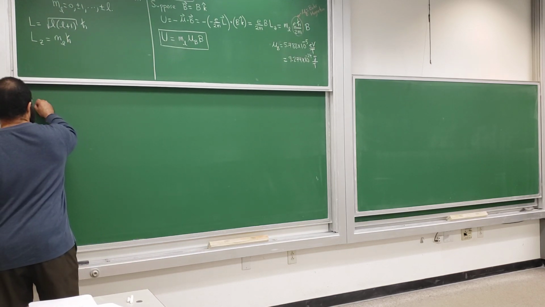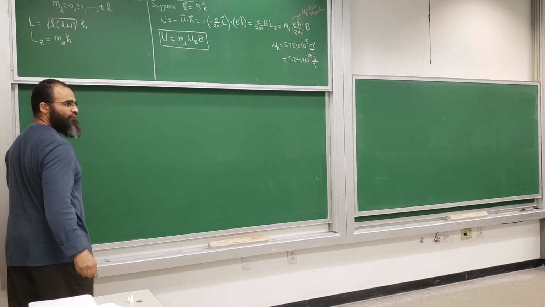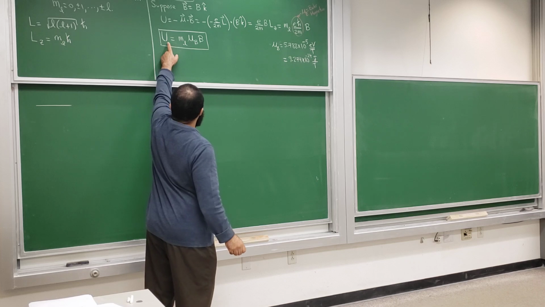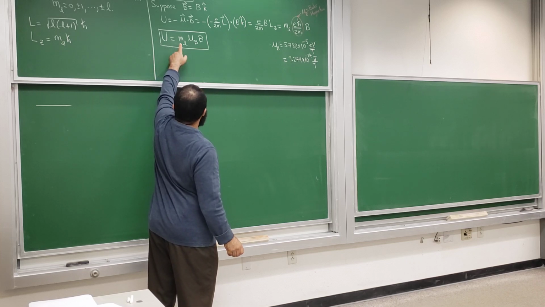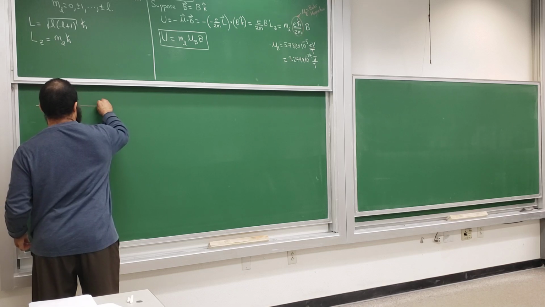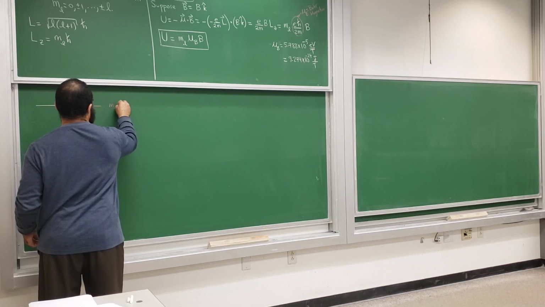Before you apply the magnetic field, here is the energy. You apply the magnetic field, the energy will change by this much. If ml is 0, this is ml equal to 0.